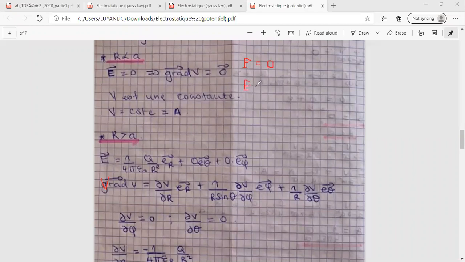was equal to 1 over 4 pi epsilon 0 times Q over R squared in the direction ER.